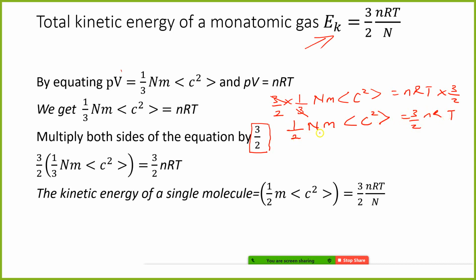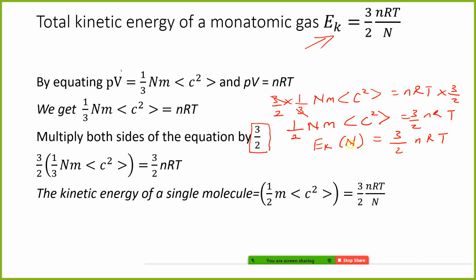I'm seeing a half m times the mean square speed, and that in itself speaks to kinetic energy. So I could simply say Ek times N is equal to 3 upon 2 nRT.